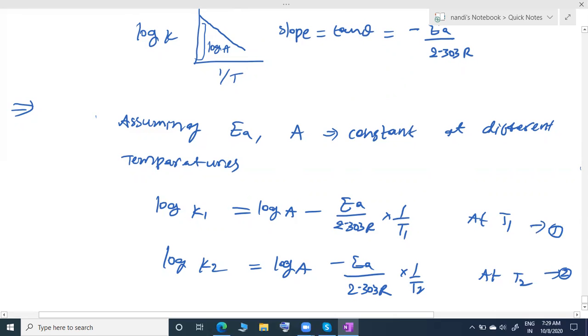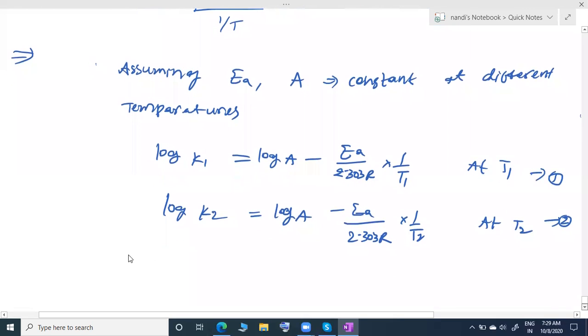I am subtracting 1 from 2. You can subtract 2 minus 1. You can get log A by B form. Log A by B equal to log A minus log B, like that.